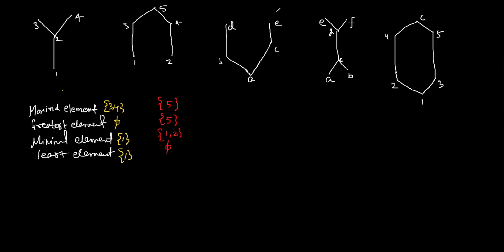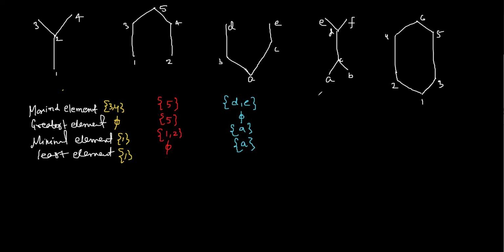Now tell me the maximal element of this. E, right? But this is not unique. Understood? The minimal element is 1. So this is unique. Unique means what? Single element. Understood?